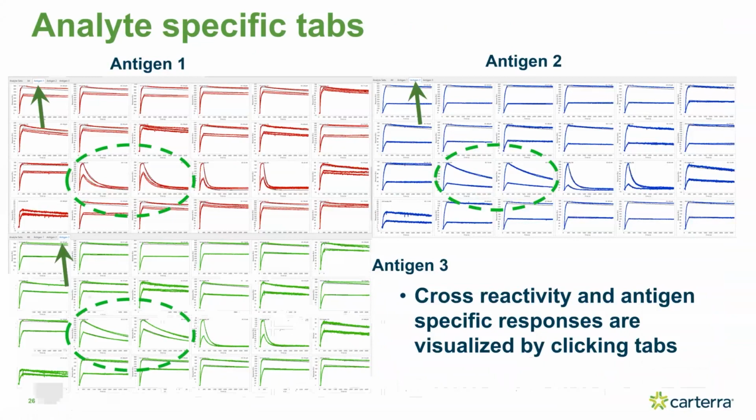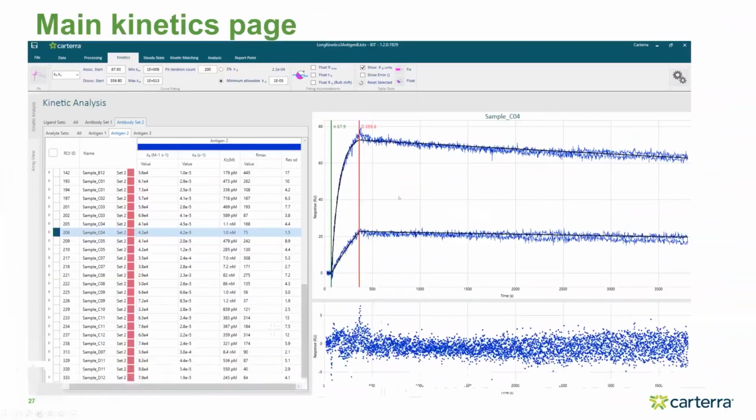The other tab on the Kinetics page is the Kinetics Analysis tab. This is a view where you can really dig into the numbers and the fits and adjust parameters. If you highlight a row in the table, it will display the sensorgrams and the fits. This is a point where you could adjust the injection start and stop point if you want to.